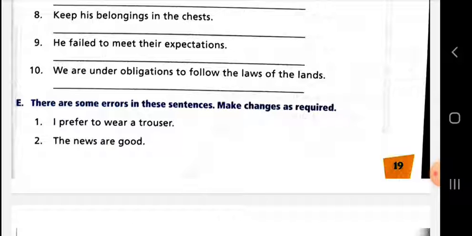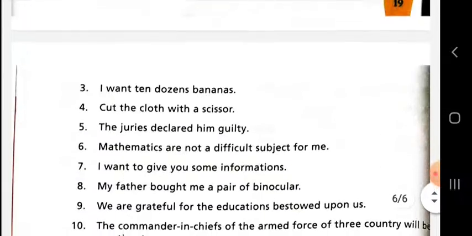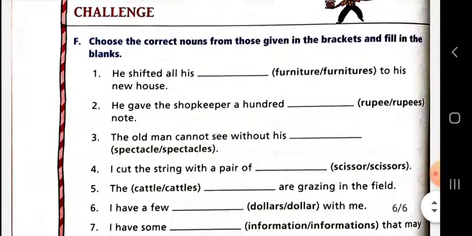The news is good. The news are good. It is a wrong sentence. You will write, the news is good. Or in the first sentence, you can write, I prefer to wear a pair of trousers. Like this you will solve these exercises.